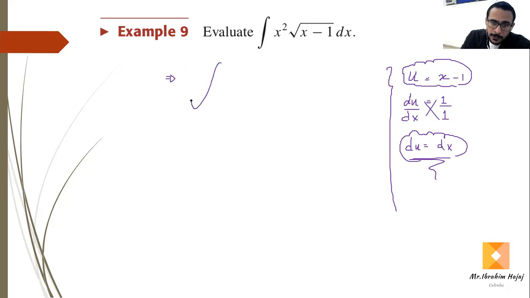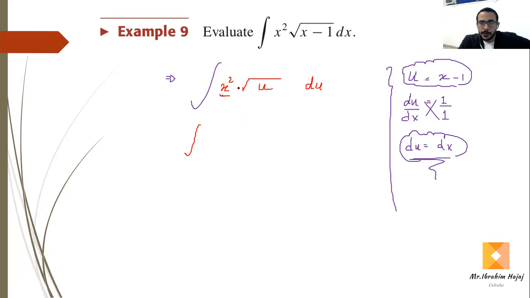Rafi, complete. The integral of x squared times radical u times du. Then integral of x to the power 3.